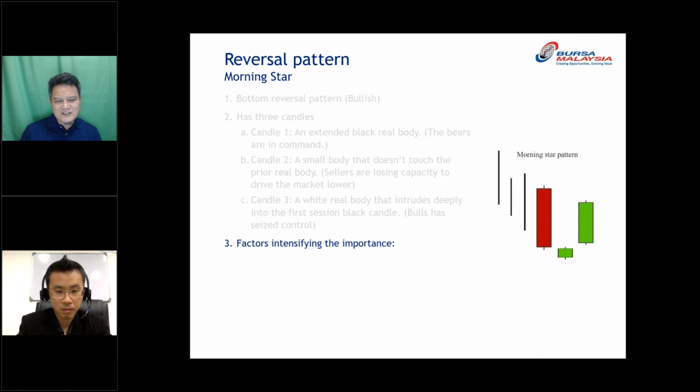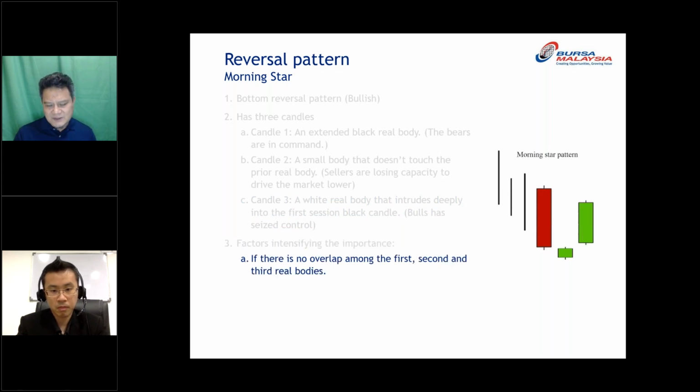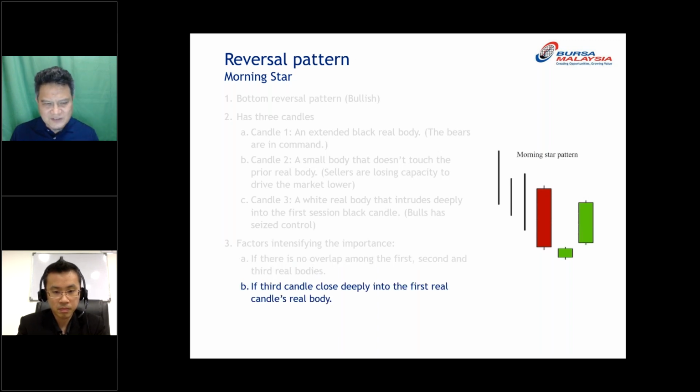Okay, the factor intensifying the importance is if there is no overlap among the first, second, and third real body, which means that between the first candle and the second candle is a gap down, and the third candle is also a gap up. You see, so that shows how it is a very strong signal.